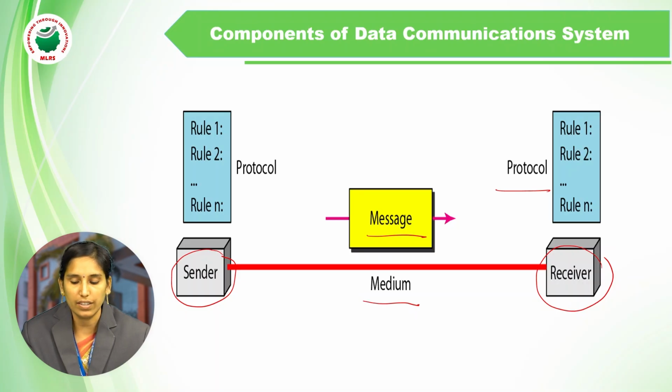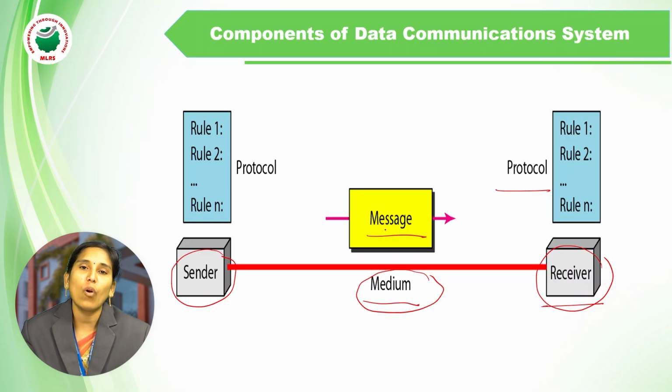Those are called senders. Receiver is also a device, and the data can be received from the sender. That is called receiver. So sender is a device and receiver is also a device. From sender to receiver, we can transfer the data or information through this transmission medium. The transmission medium may be wired or wireless.